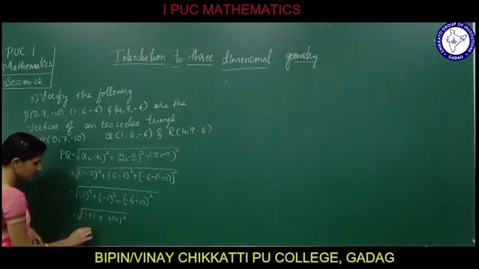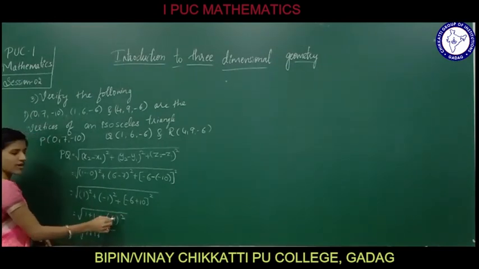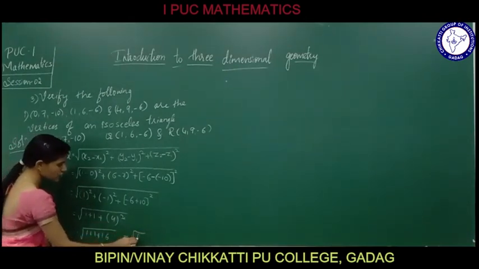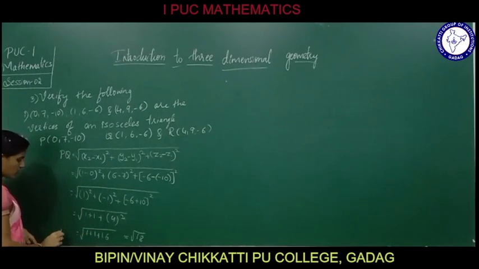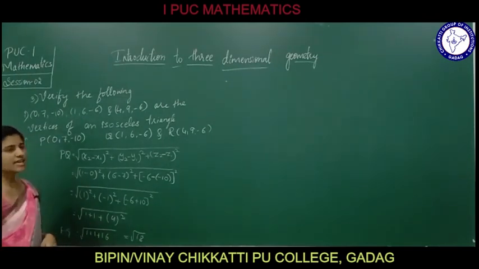That is root of 1 plus 1 plus 4 square. 4 4s are 16. That is why I got this as root of 18. I got the distance PQ as root 18.